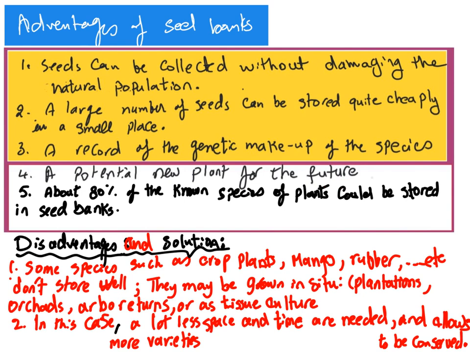So we have new plants that can be used in the future if we have any point of extinction or another species of plants becomes endangered or threatened. So we still have the genetic makeup of all the species, so we can reproduce the plant again. And now people are able to store 80% of the species that are well known in seed banks.